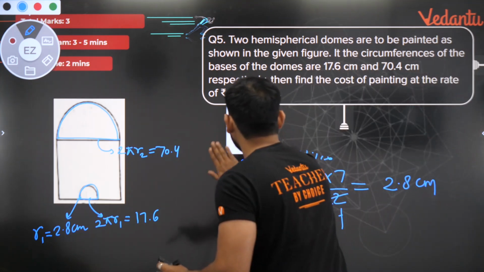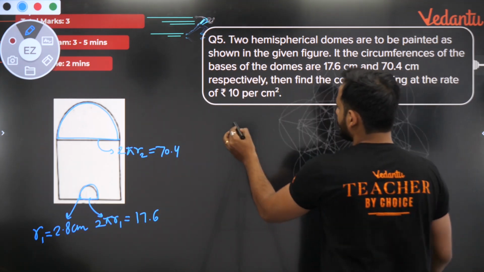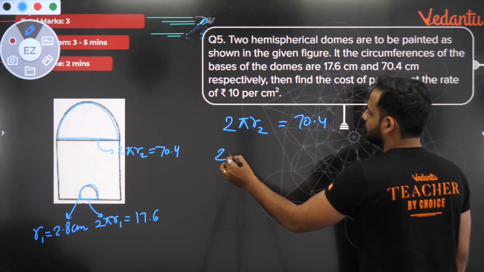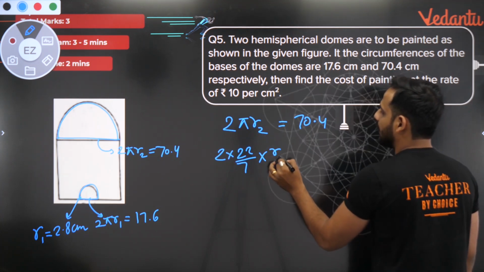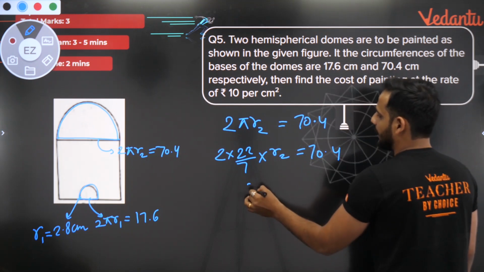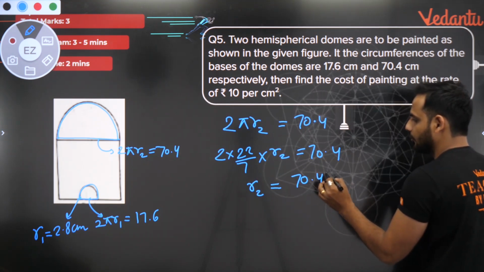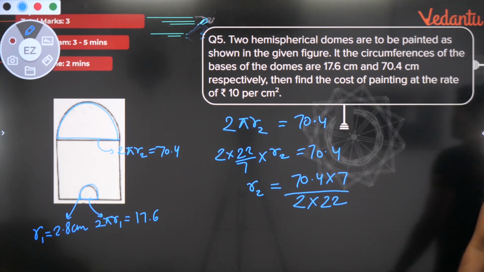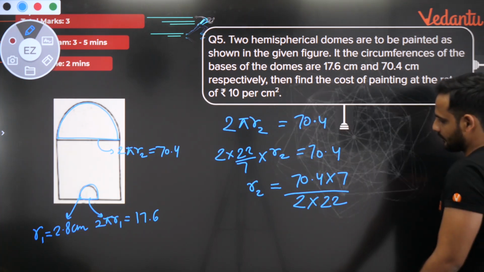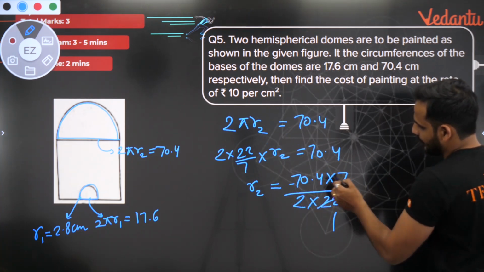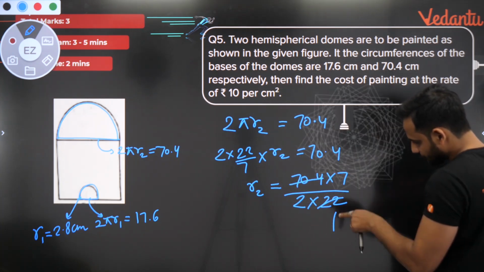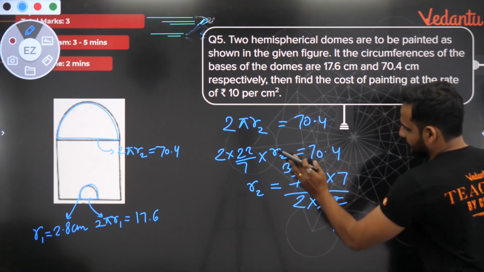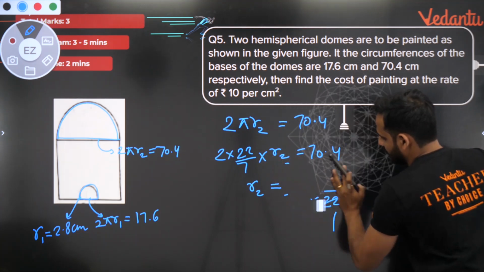Now let's talk about the r2. 2πr2 is given as 70.4. So I can say 2 into 22/7 into r2 is equal to 70.4. So r2 will be equal to 70.4 into 7 by 2 into 22. Correct? Now let's see how to cancel this part. 22 ones are 22, 22 twos are 44, 22 threes are 66, and directly it is not getting cancelled, so we need to do it step by step.